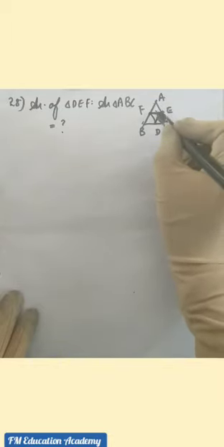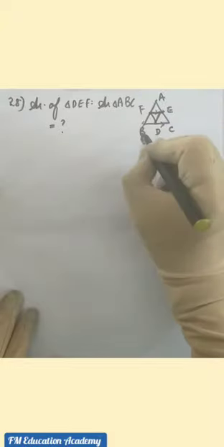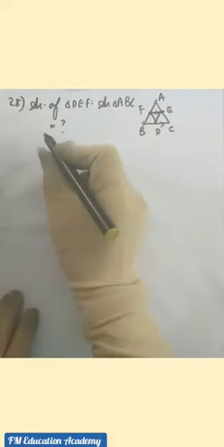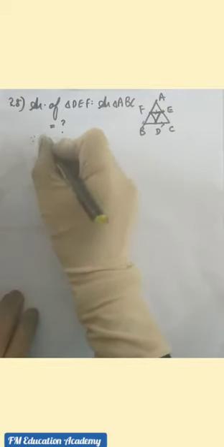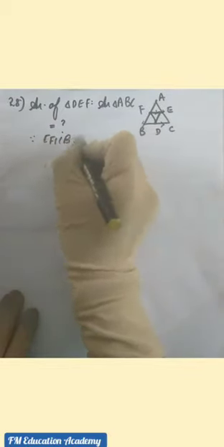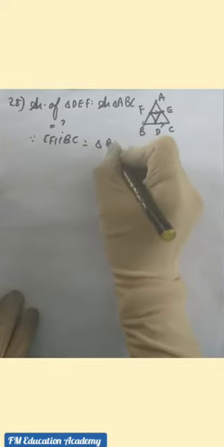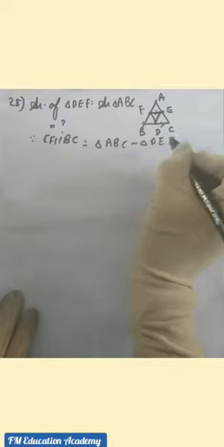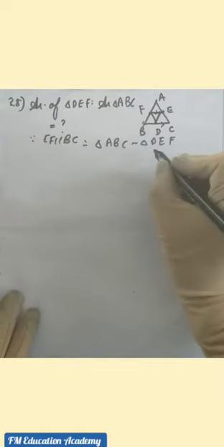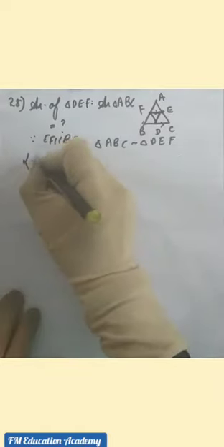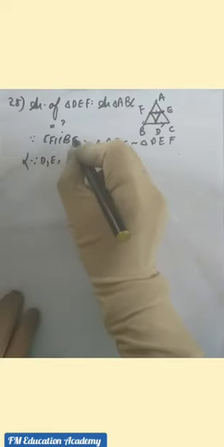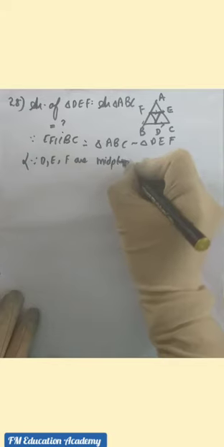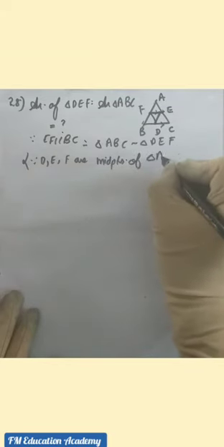So we can say FE is parallel to BC, and whenever FE is parallel to BC, the triangles will be similar. Therefore triangle ABC is similar to triangle DEF, since D, E and F are midpoints of triangle ABC.